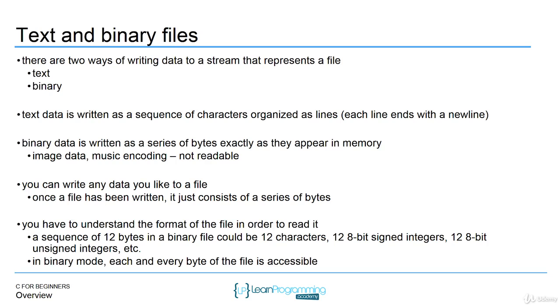Binary files are especially tricky because they just store what appears in memory. In binary mode, each and every byte of the file is accessible. But to read something from a file, you have to understand what's in there and how it's stored. It may depend on what system you're running on, and on whether it's text or binary.